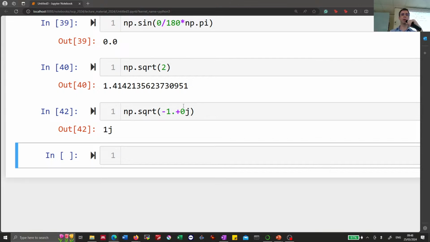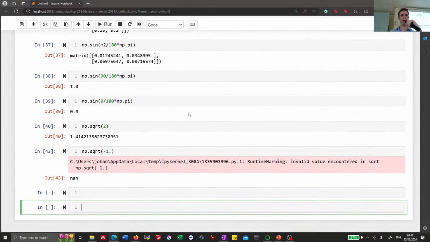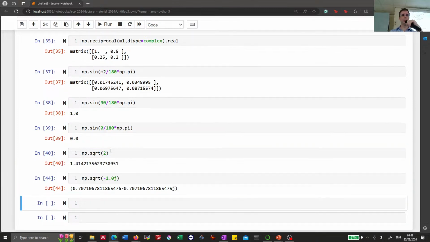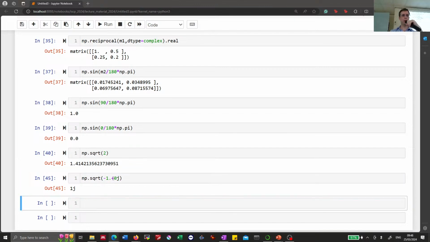If you don't, Python just tells you, okay, fine, I don't know. That was written here: invalid value encountered. Because you're not giving complex values. For a complex value, you add plus 0j, right? There we go.